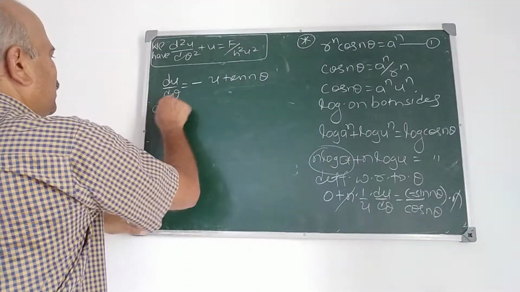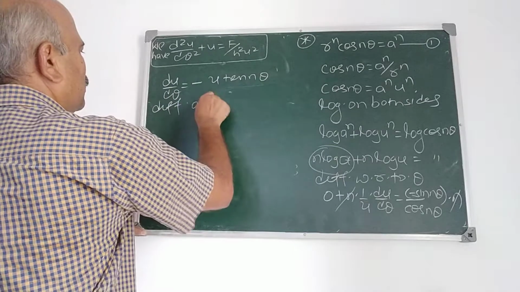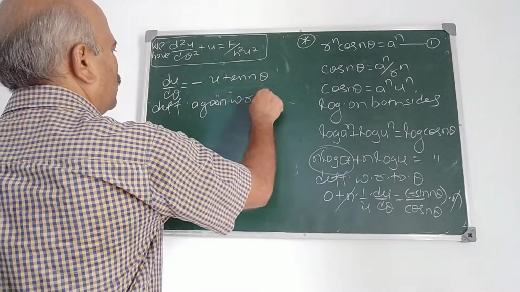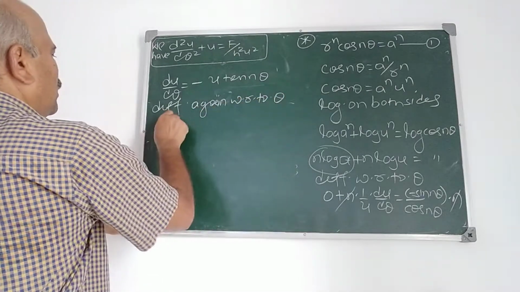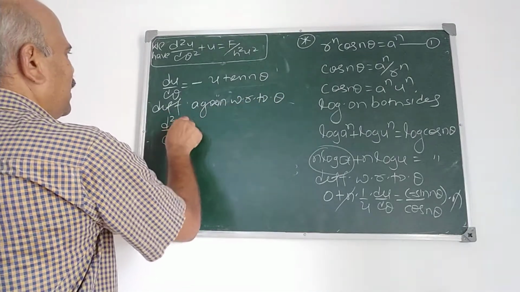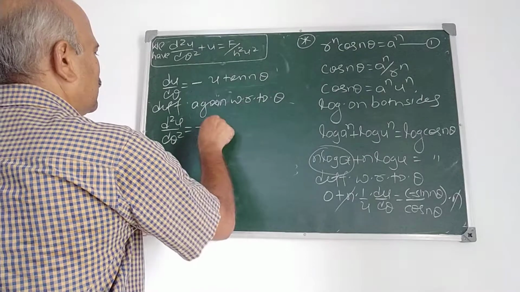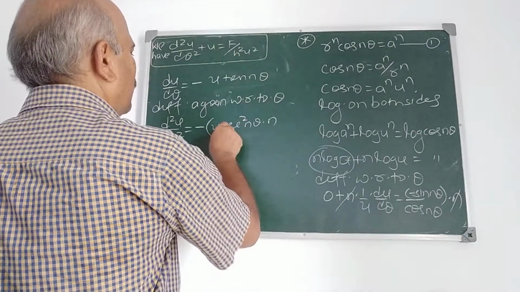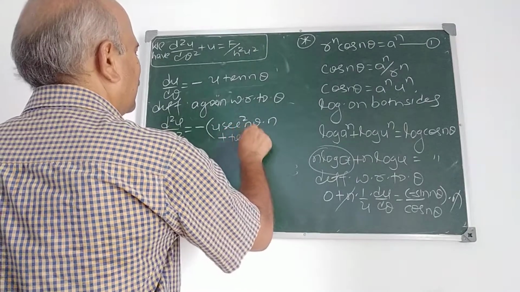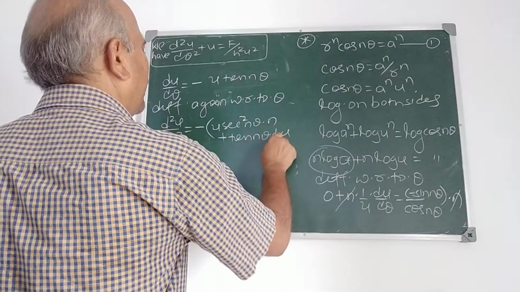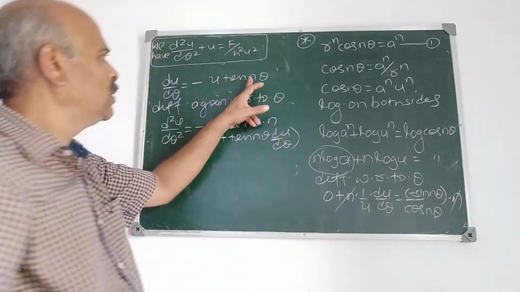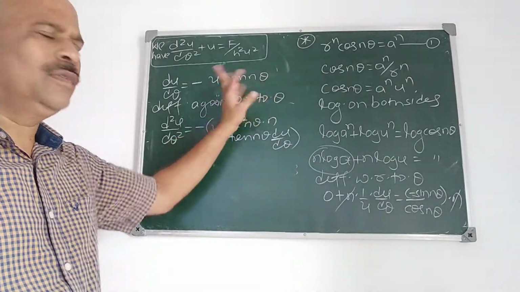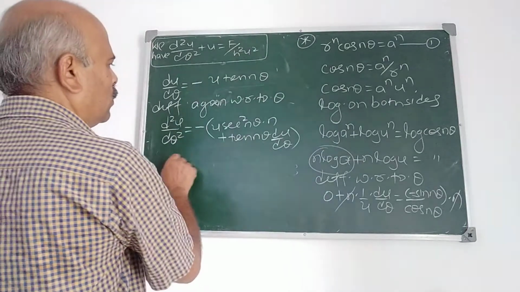Now differentiate again with respect to theta. We get d2u by d theta square is minus u into secant square n theta into n plus tan n theta into du by d theta. Product rule, because u is variable, tan n theta, theta is variable, so we use product rule.